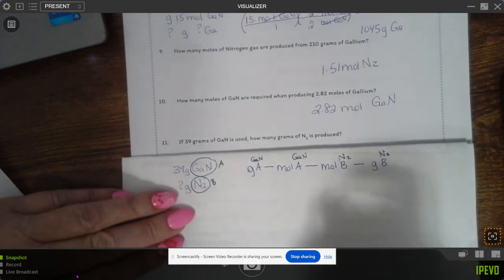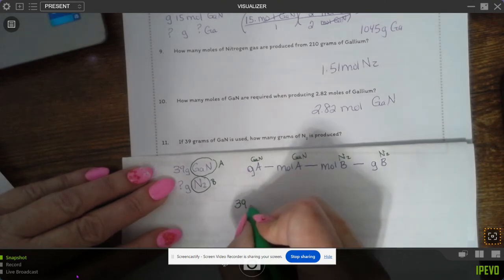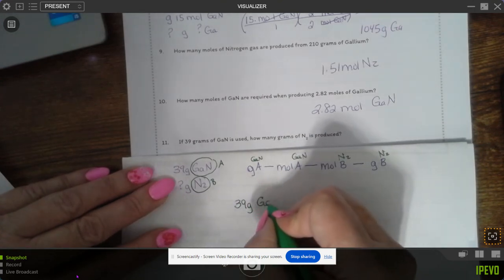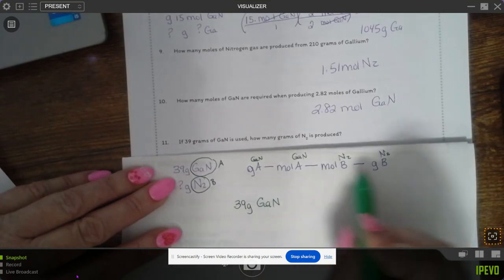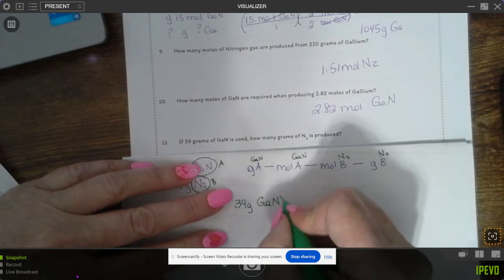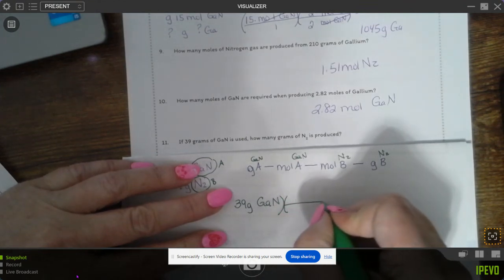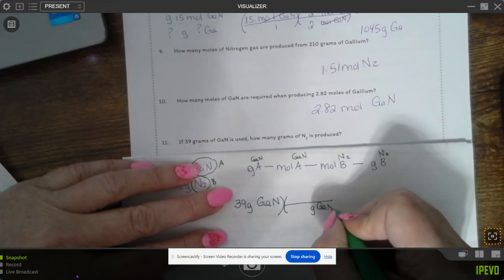Okay, so I am going to start with 39 grams of gallium nitride. So this is a three-step problem. We need to go all the way from grams of A to grams of B. So on the bottom, we have grams of gallium nitride.